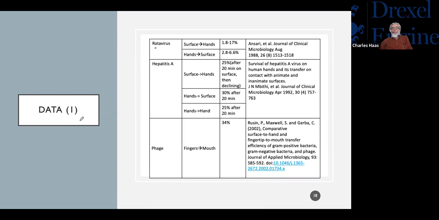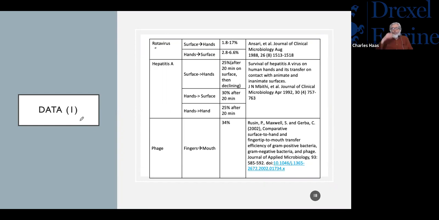Mabithi et al. did measurements on Hep A, and with Hep A, they applied the virus to the surface in a wet suspension, and transference declined as drying occurred in both directions, surface to hand and hand to surface.